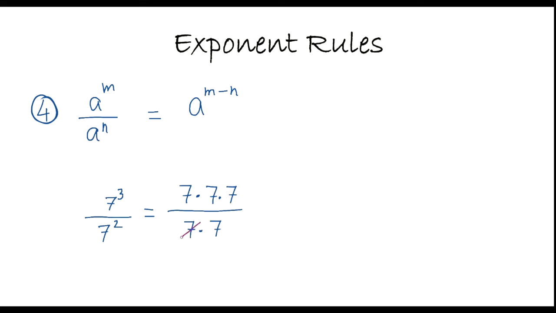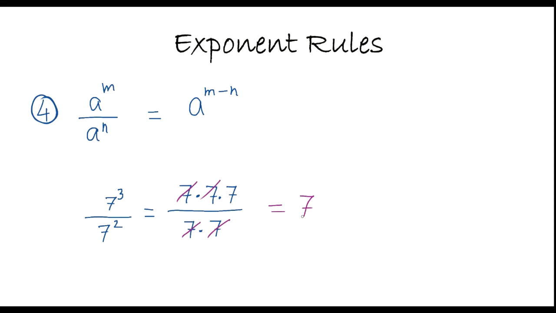We can cancel 1 7 from here, 1 7 from here. We can cancel 1 7 from here, another 7 from here. What we have ultimately, as a result, I have only 7, right? On the top I have 7, so I can write just 7. Now this 7 means 7 to the power 1, right?